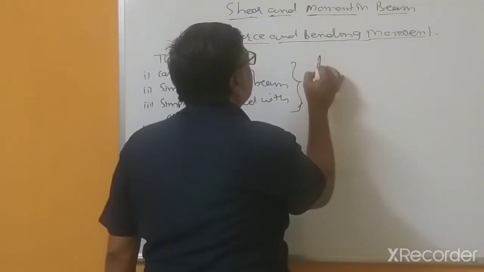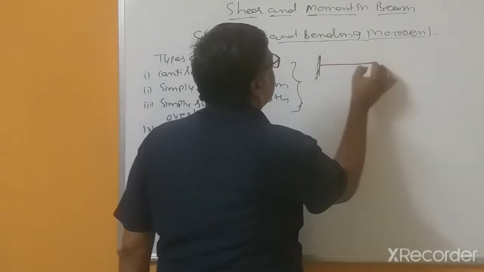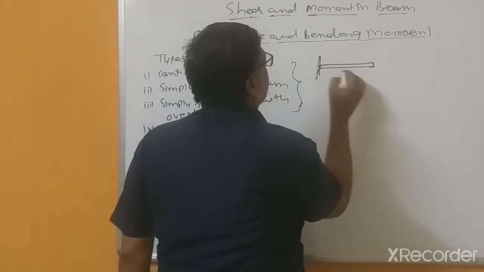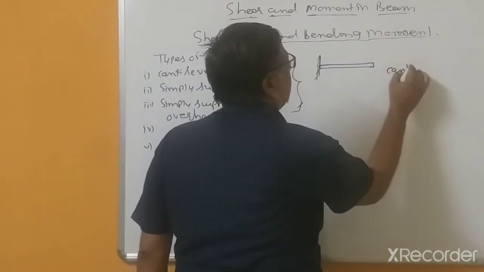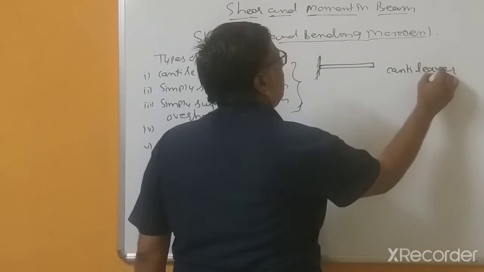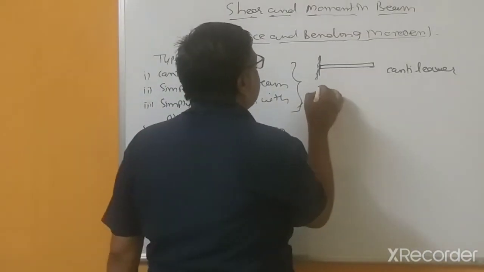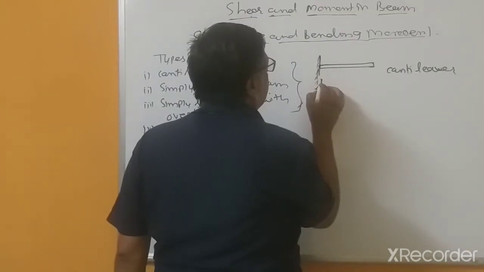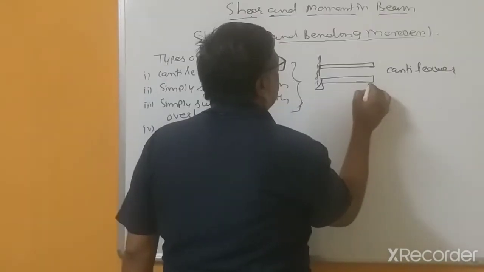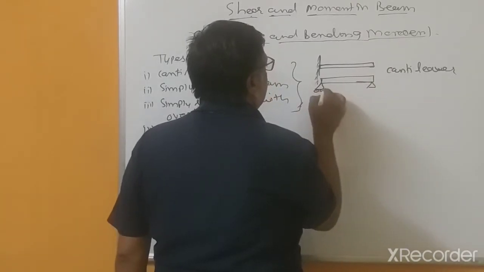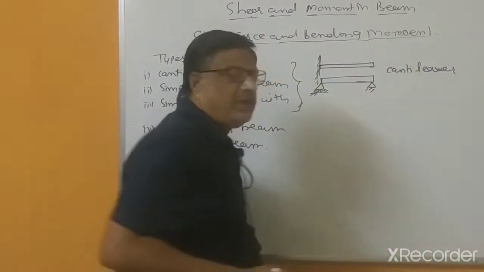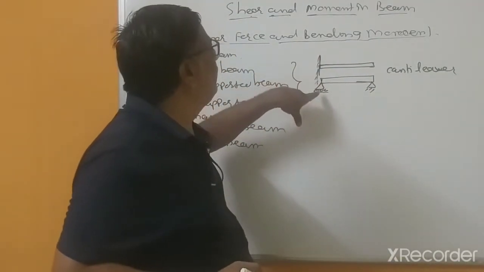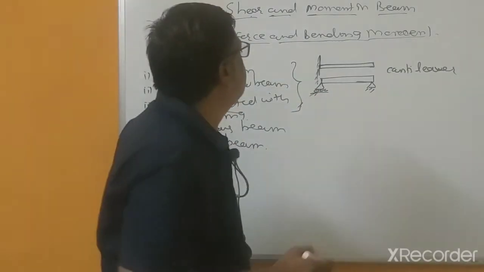Cantilever beams means this type of beam is called a cantilever. Simply supported beam means one support may be a fixed support, and the beam rests on it, and the other is a roller, and the beam rests on them.